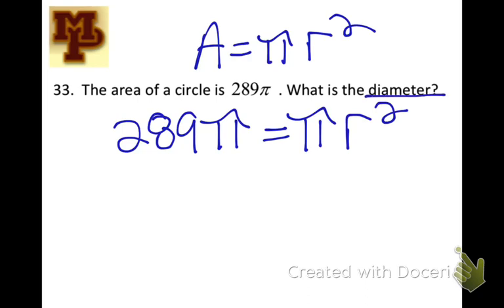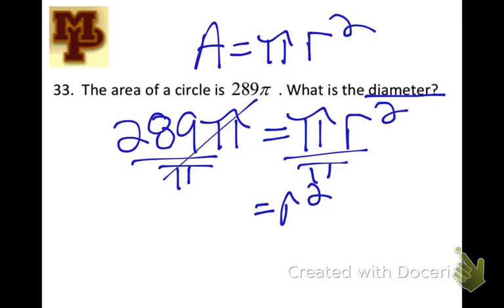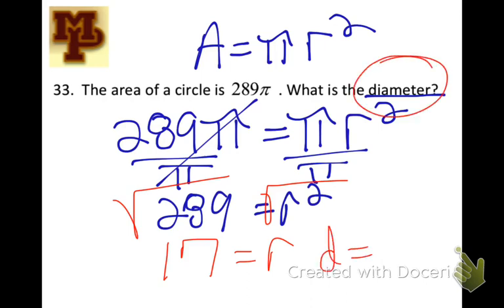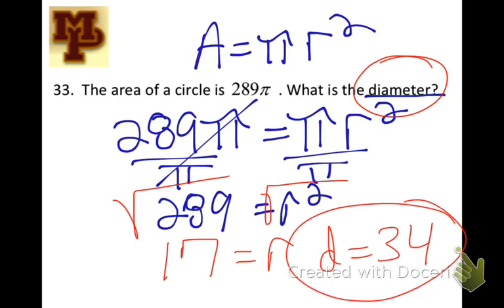So let's divide by pi. We're going to have r squared equals 289. Fortunately, we can take the square root. R is 17. The diameter is twice the radius, so the diameter is 34.